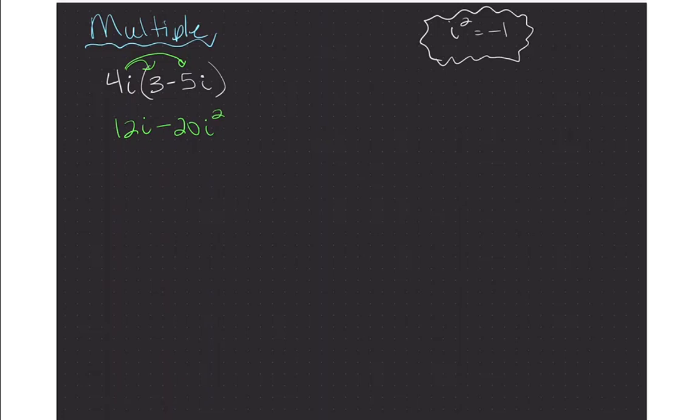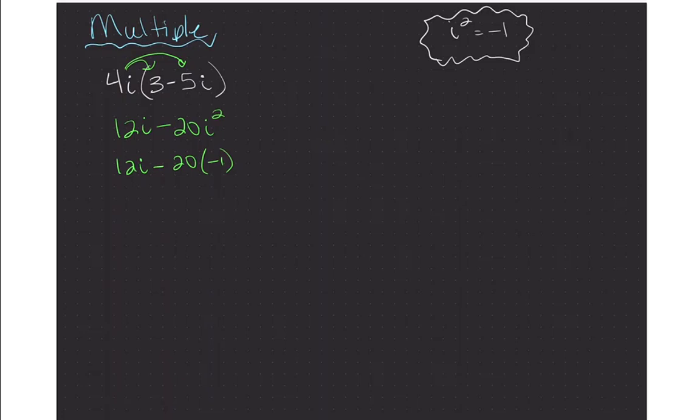So any place I see an i squared, guess what I can substitute? Yeah, a -1. So we can simplify this down a little bit farther, because this is really 12i minus 20 times, what are we going to put in for i squared? -1.